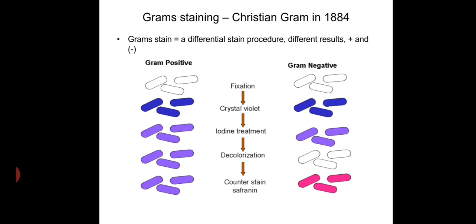But Gram negative bacteria have a relatively thin cell wall, approximately 10 nanometers, composed of a single layer of peptidoglycan surrounded by an additional membrane structure called the outer membrane.